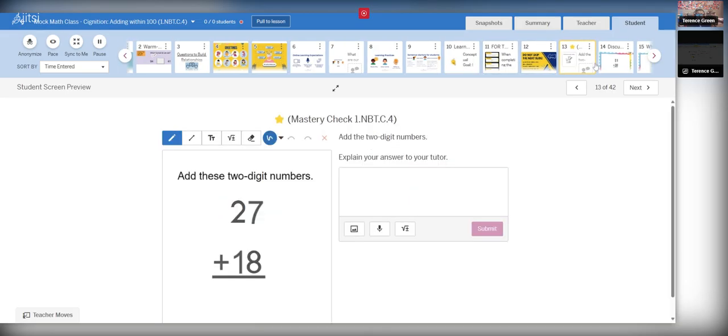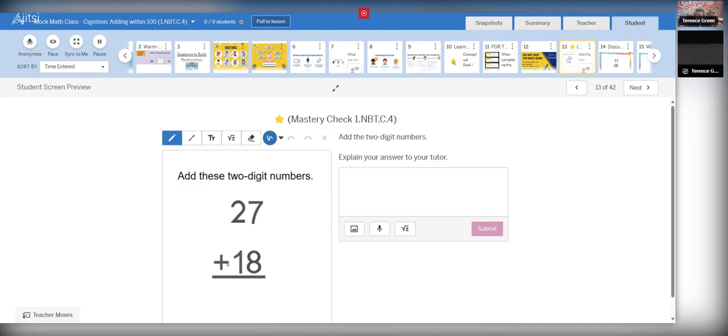So let's jump ahead and go into our first true problem for today, and that is this one here, 27 + 18. I want you to take a look at this problem and tell me what you notice. There's a sign here.